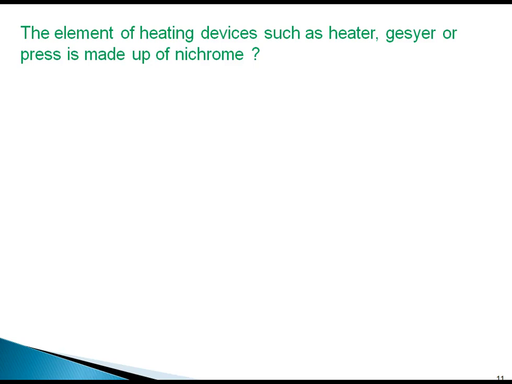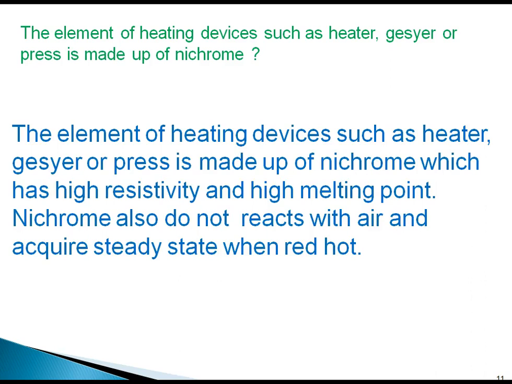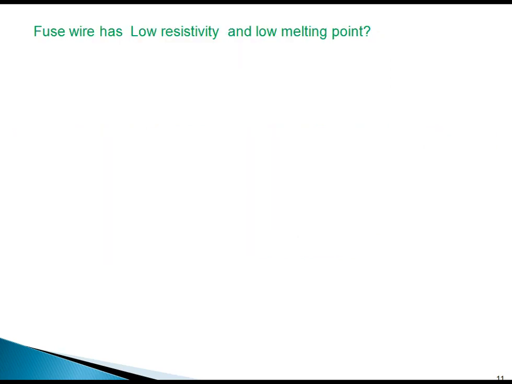Again, the element of a heating device such as a heater, geyser or press is made of nichrome because of its high resistivity and high melting point. Nichrome also does not react with air and acquires a steady state when red hot. Fuse wire has low resistivity and low melting point.